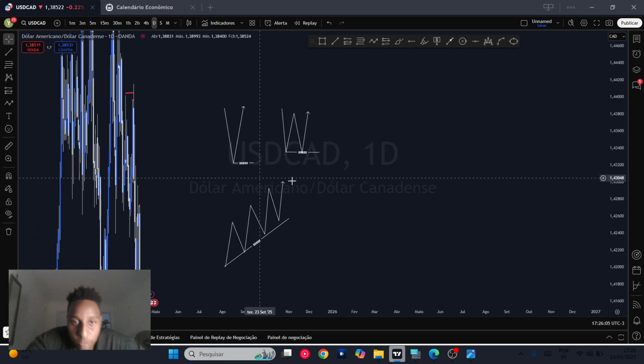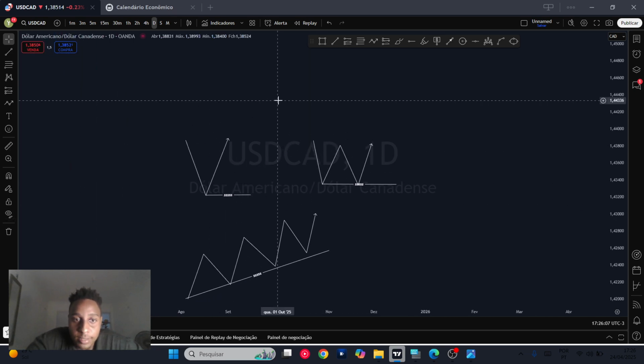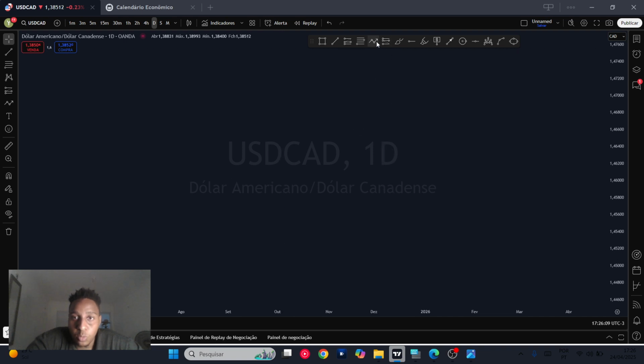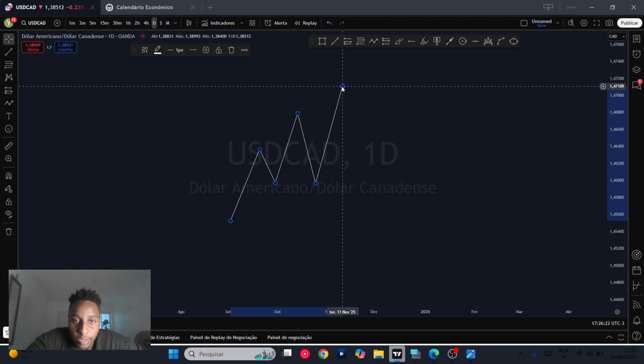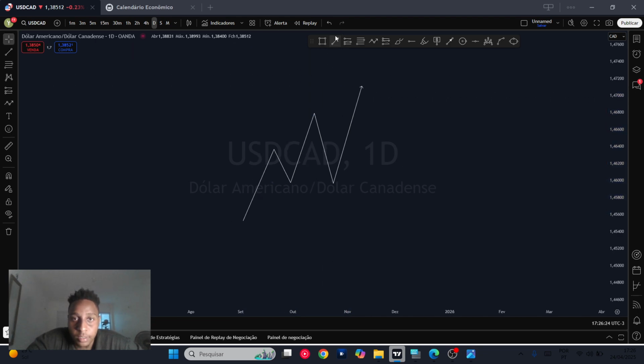So the first model I will present to you guys is basically when price is within an uptrend, right? It broke structure, and then price did something like this and broke structure again, right? We broke structure here, we broke structure here, right?